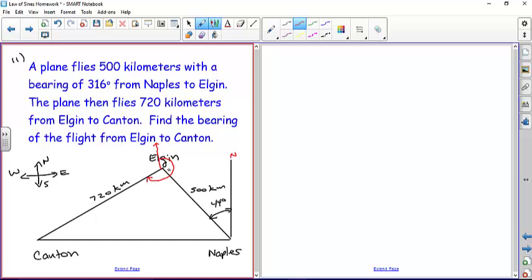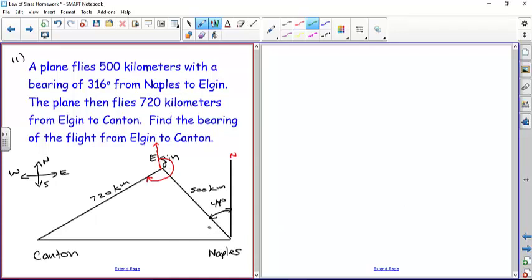It turns out that Canton and Naples are directly east-west, so you have this horizontal direction. So what we could do is create this triangle and deal with the angles associated with the triangle, and then we could back out the bearing information.